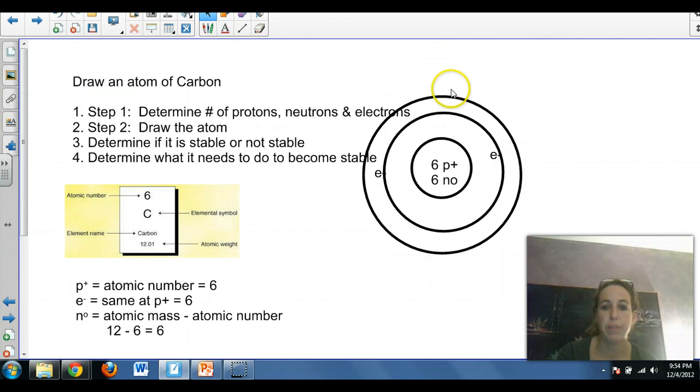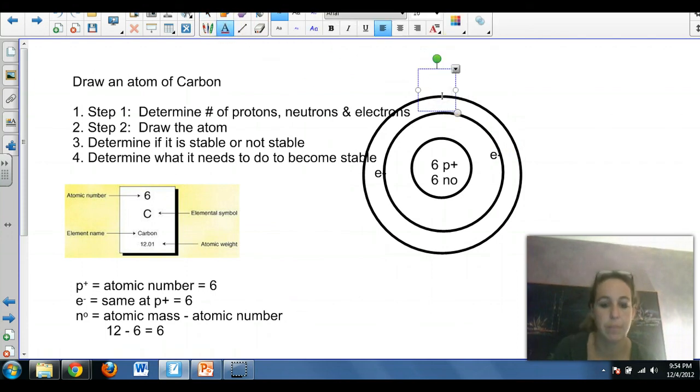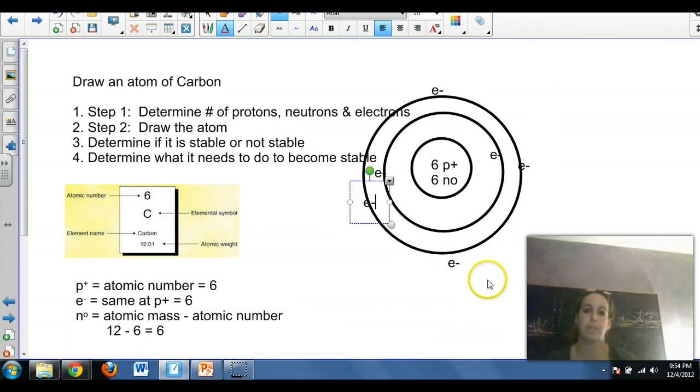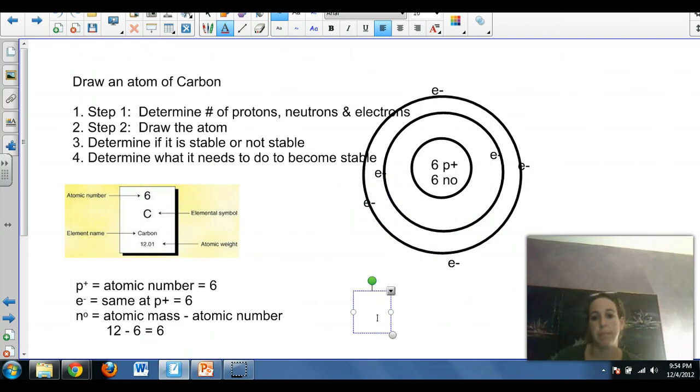So I put my 4 electrons here around the outside. So 1, 2, 3, 4. Okay, so now I have my 6 protons and my 6 neutrons here inside the nucleus, my 2 electrons on the first shell, and then my 4 electrons on the second shell.